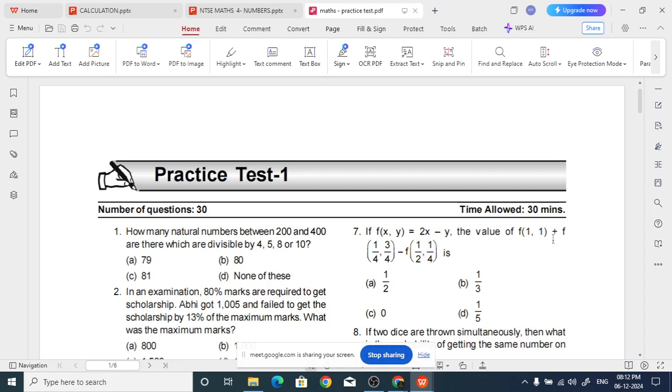There will be 20 numbers. Between 200 to 400 means what? You should not take into account 200. You should not take into account 400. 201 to 399, like that it means. So you will get, okay?